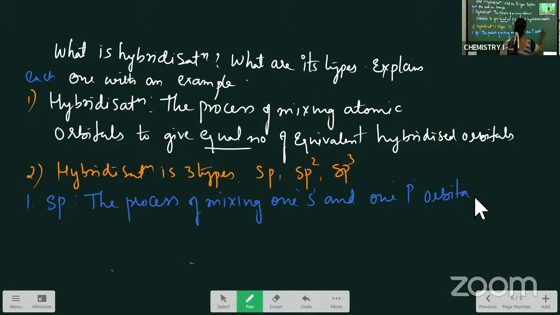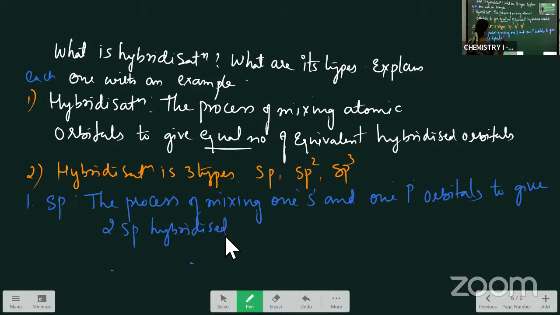So टोटल कितने मिक्स कर रहे हैं हम लोग? 2 ऑर्बिटल्स को मिक्स कर रहे हैं. 1s and 1p orbitals to give. टोटल 2 ऑर्बिटल्स लिए तो कितने ऑर्बिटल्स लाना है? To give 2 sp hybridized orbitals is called sp hybridization.